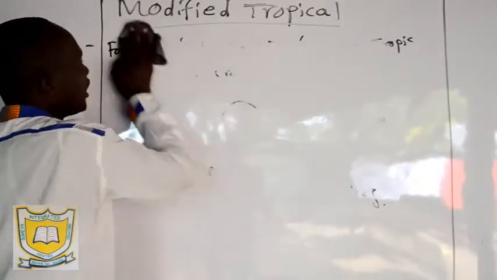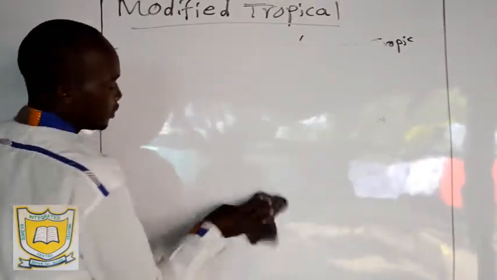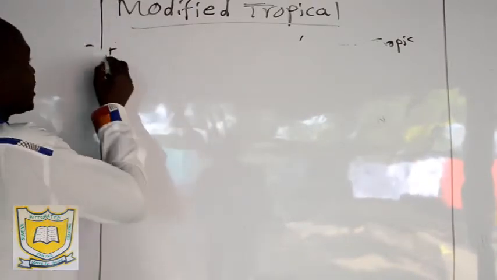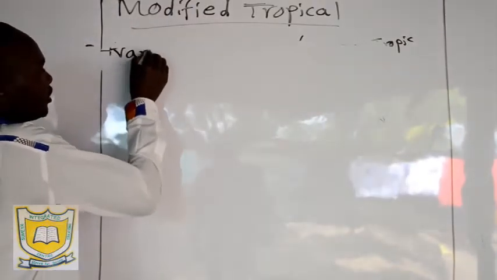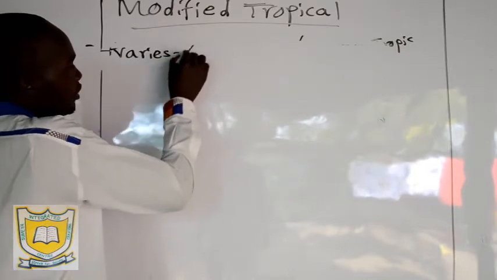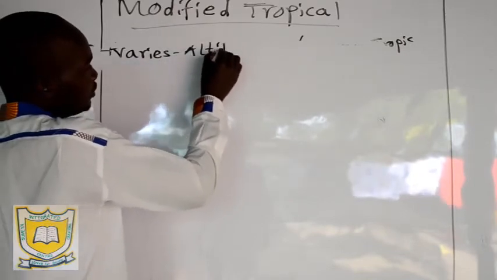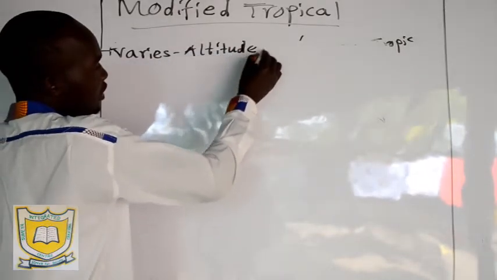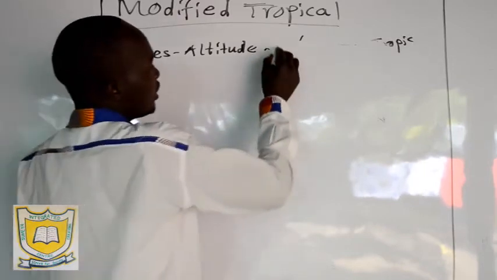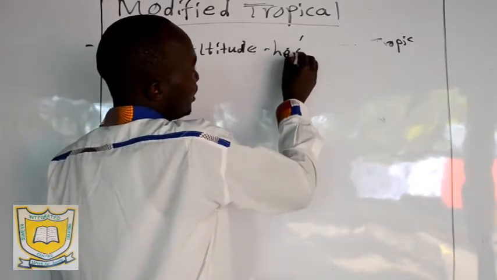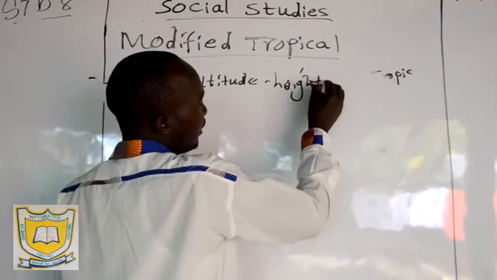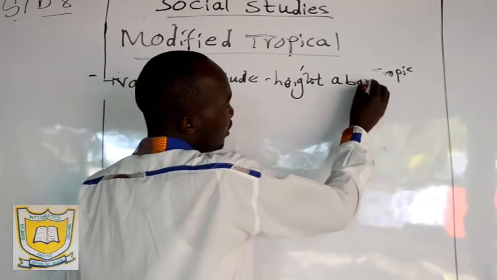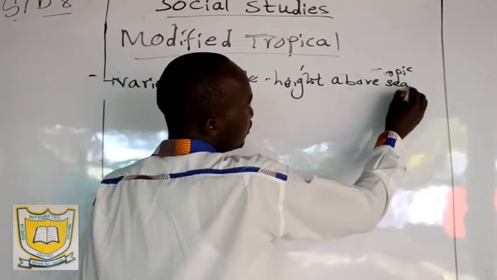Let us go back now. Temperature varies according to altitude. And what is altitude? Altitude is height above sea level.